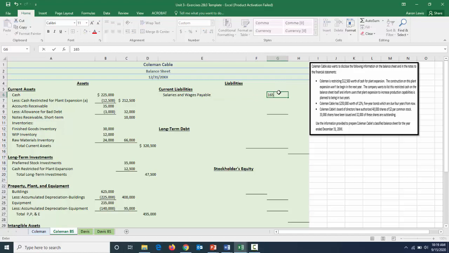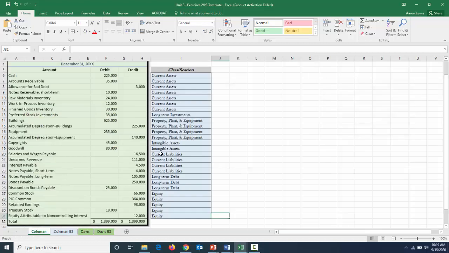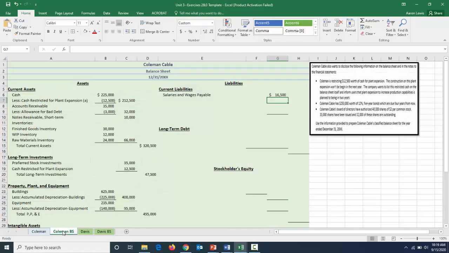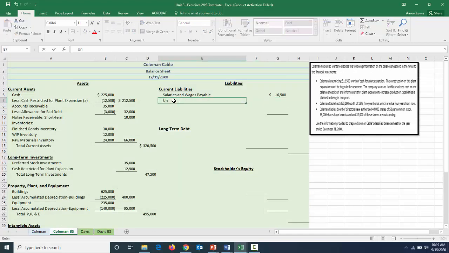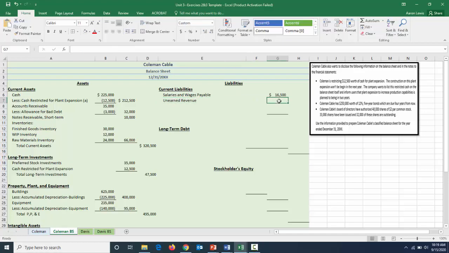Again, nothing to total, no contra accounts. We're going to put it right in the center column. Looking back onto our thing, we see our next account that we have is our unearned revenue of $111,000. We really owe someone some work, so let's throw that in here. Nothing tied to it, no calculations, goes in the center column.